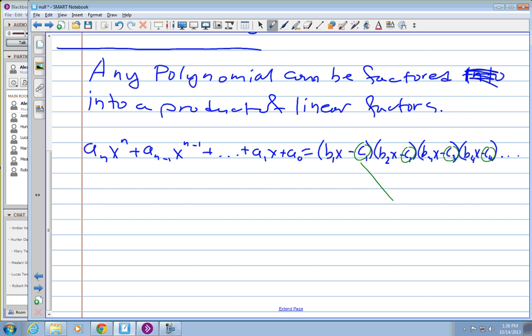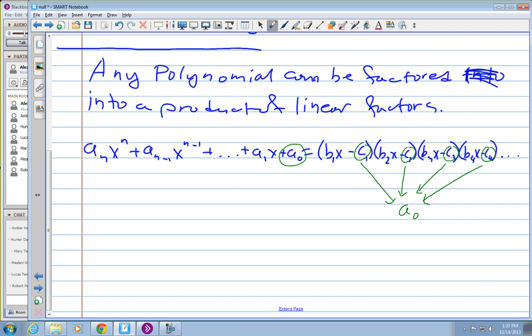And the product of all those constants is going to be a constant, right? And that product will be whatever the constant term is in our original polynomial, right? That's the only constant on the left, and the only constant on the right will be the product of all those little numbers there. Do you agree with that? Can you see that?